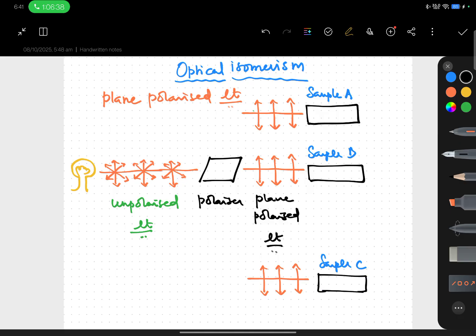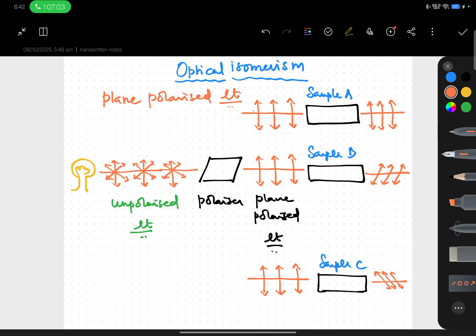So let me pass the light through sample A. What is happening to the light? Nothing is happening to the light. The light is the same. When I pass it through sample B, the light is tilted towards the right hand side, or the light will get tilted towards the left hand side. There are only two options.